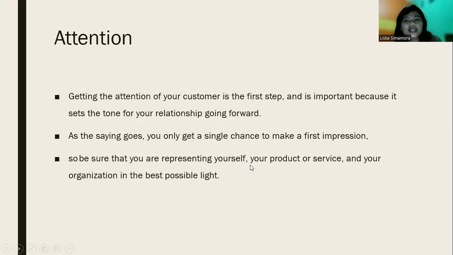So attention is built through first impression. Be sure that you are representing yourself, your product or service, and your organization in the best possible light. Because first impression will attract the attention, make sure at the first impression you present the best version of you, of your product, and of your company, of your organization.